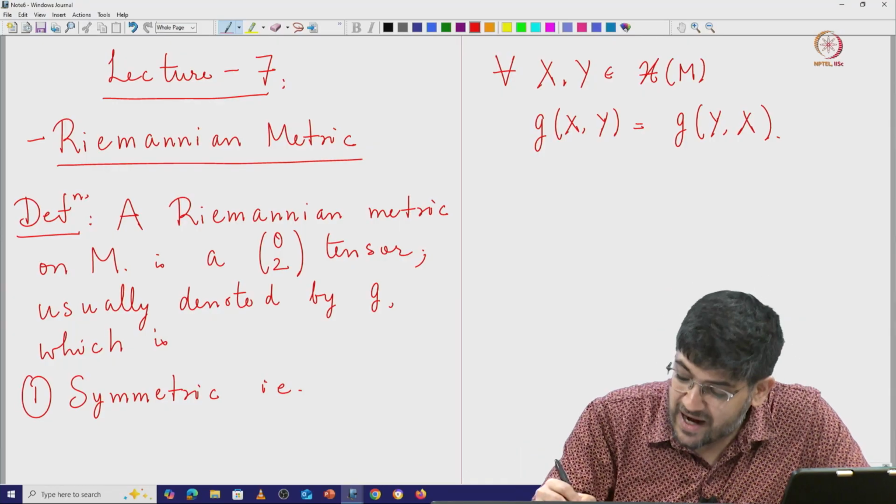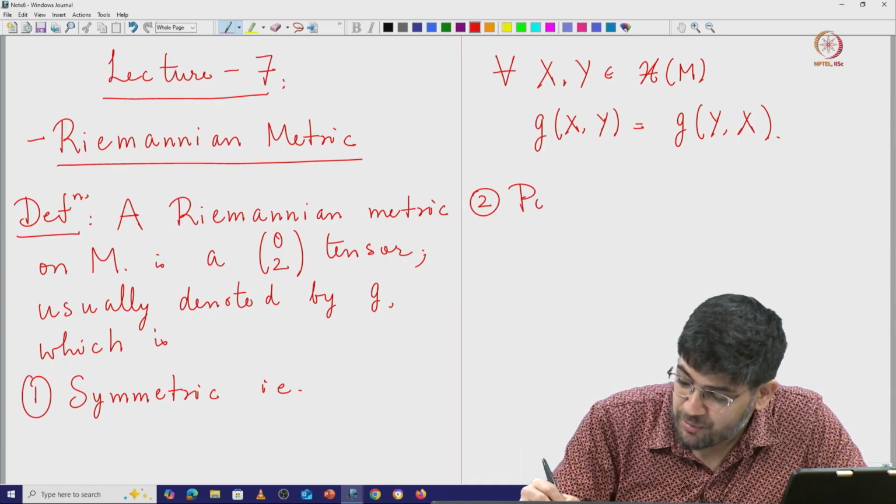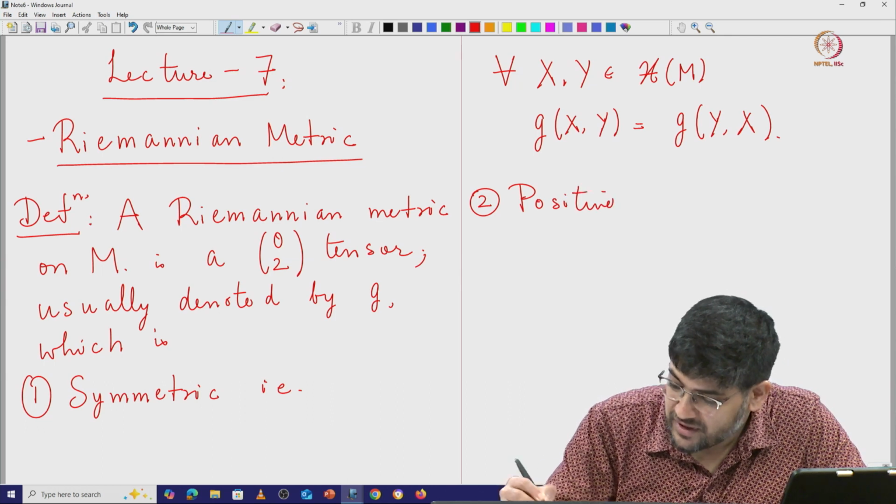Okay, and the second property we need is positive definiteness.